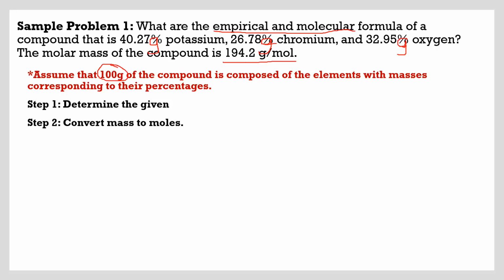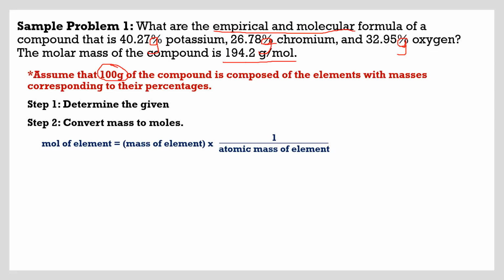So how are we going to convert mass to moles? Here is the formula. The mass of the element is multiplied by 1 over the atomic mass of that element. So we are going to convert each element one by one. Let's start first with potassium. You just have to get the mass of the element from the given times 1 over the atomic mass from the periodic table.